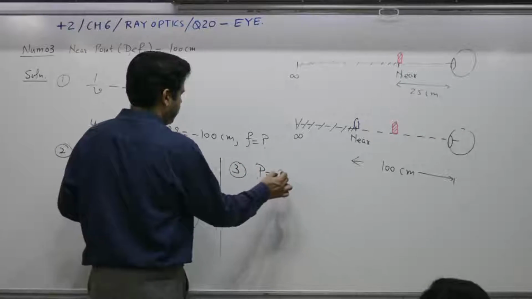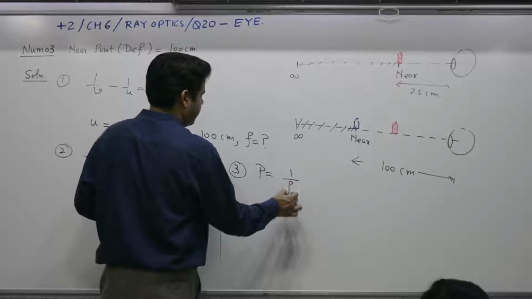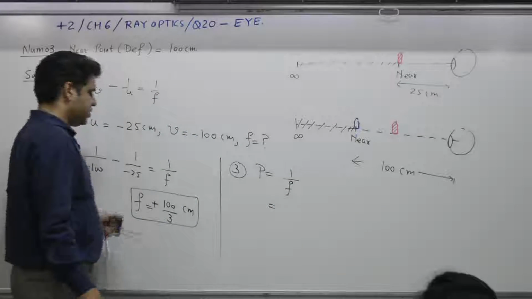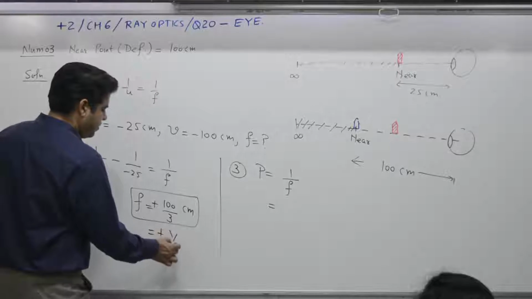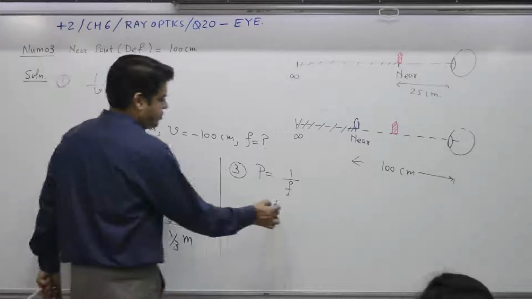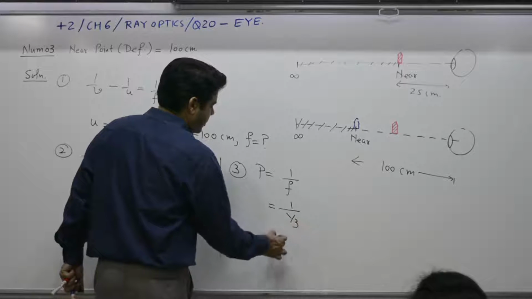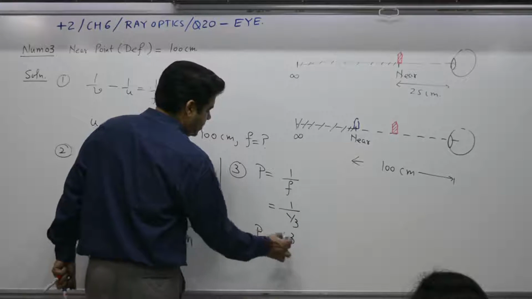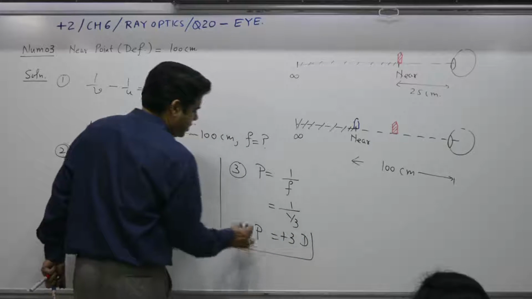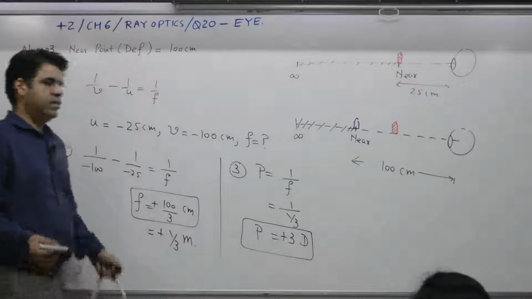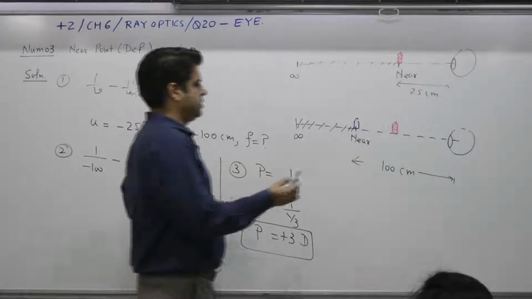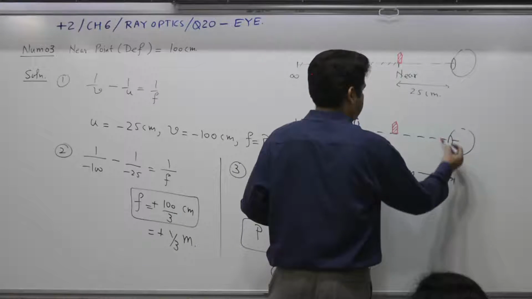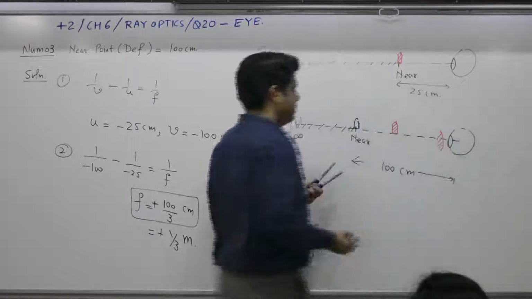Power is equal to 1 by F, which is 1 by 1 by 3 meters, so power is equal to plus 3. SI unit is diopter. So by placing a converging lens, you can do this.